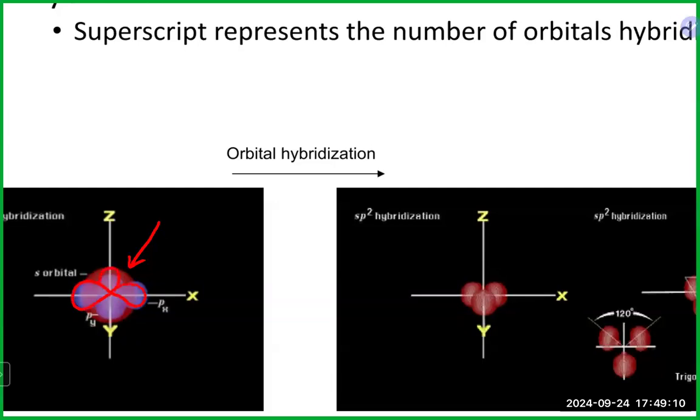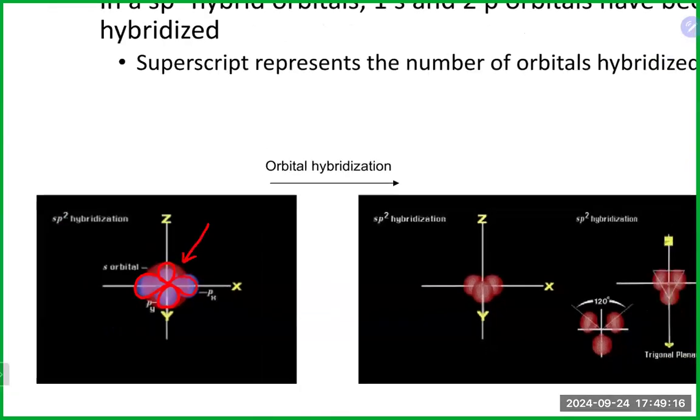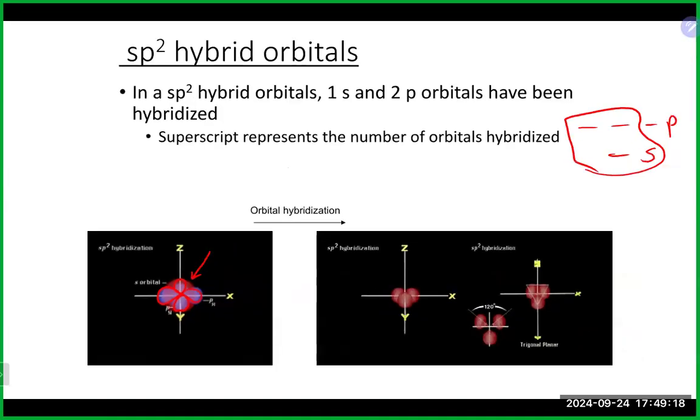We also have the second p orbital coming through over here as well. Because we combined, in this case, one s and two p orbitals, we end up with three equivalent sp2 hybrid orbitals.